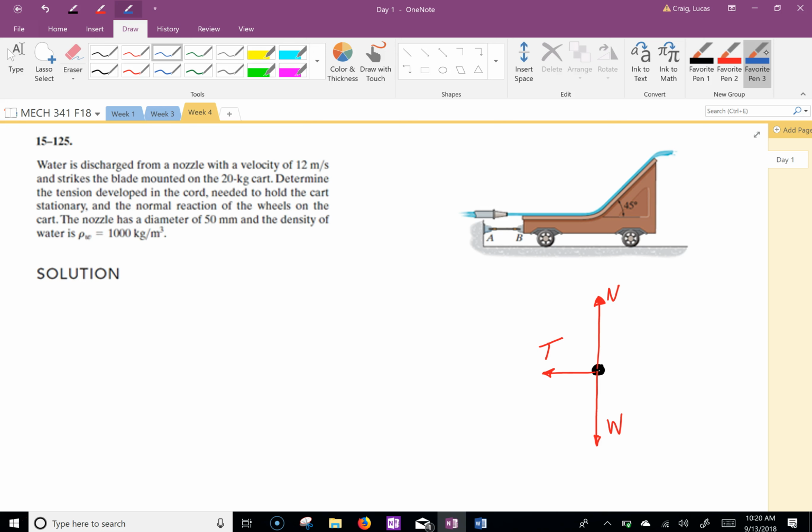So we know there's going to be f of x, and I'm going to go down f of y. So this is the FBD on the cart.